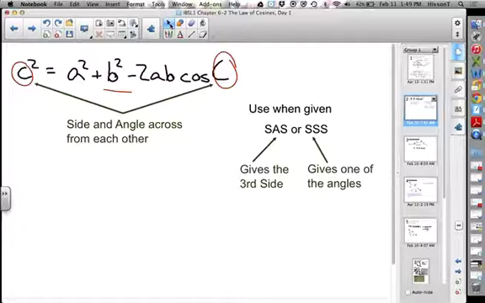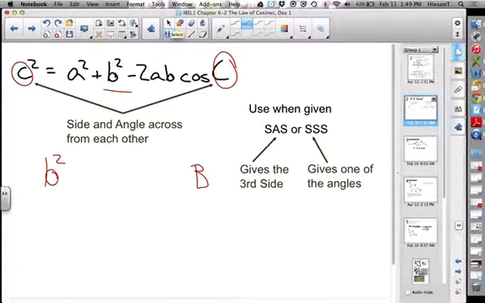If you were trying to find side B with this formula, you would have to know angle B. So you'd be using the cosine of angle B, and instead of A's and B's here, you'd have A's and C's. But it doesn't matter where the C is. It would be that.